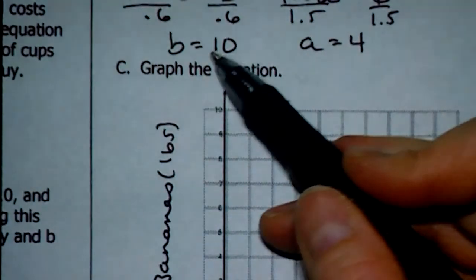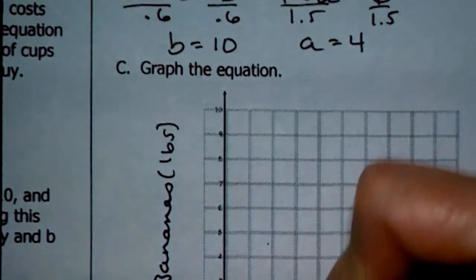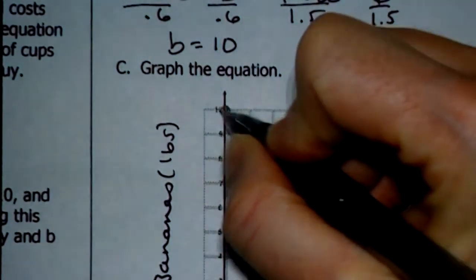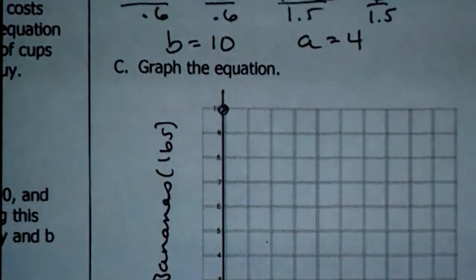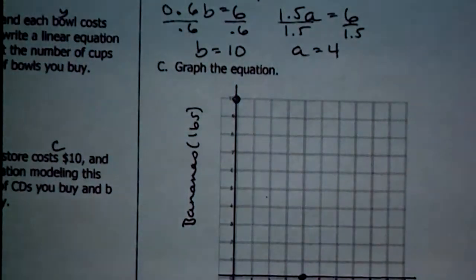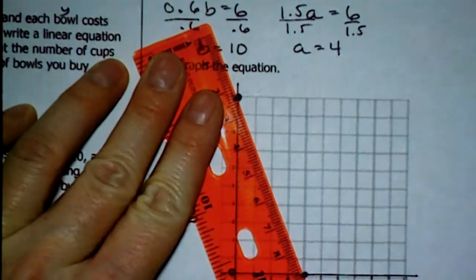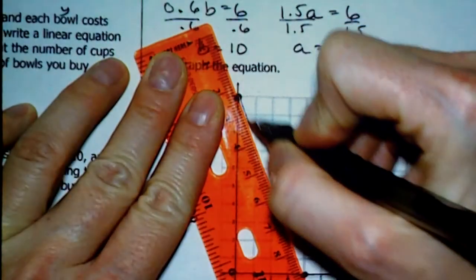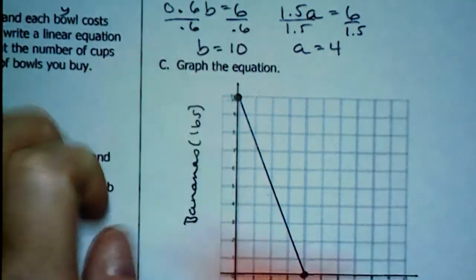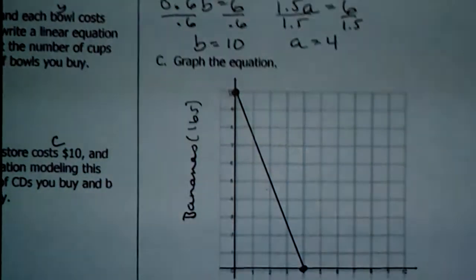And if we know that the intercept for bananas is 10, then on that axis, bananas. Sorry, I get that song in my head every time. I'm going to plot it at the 10. Now, all I do is connect the dots. I'm not going to keep going and draw arrows because you can't really have negative pounds of anything. So it would just look like that.